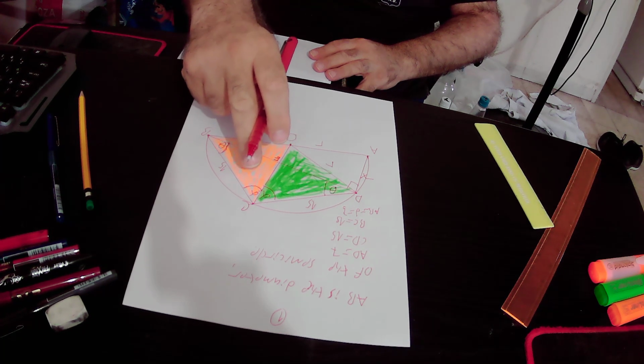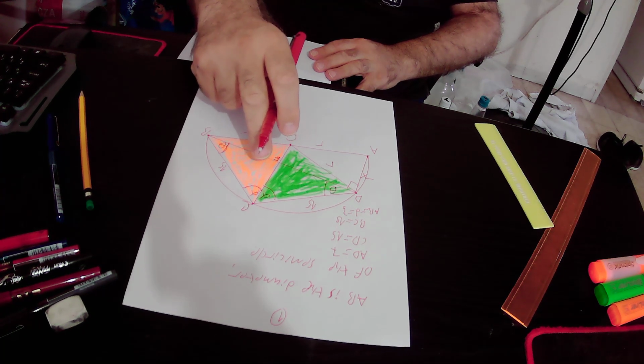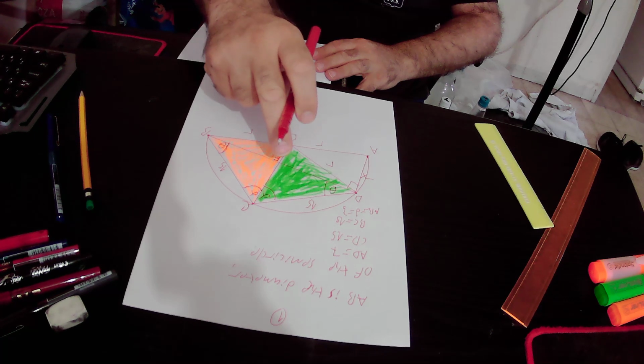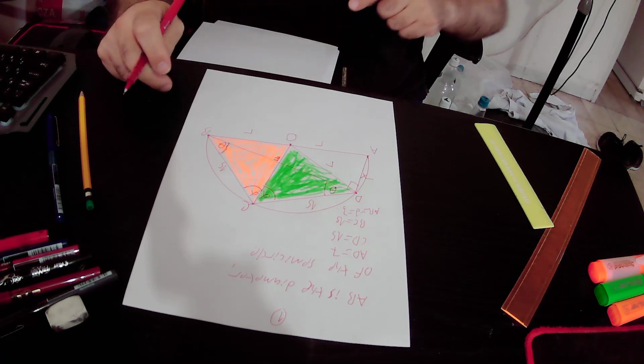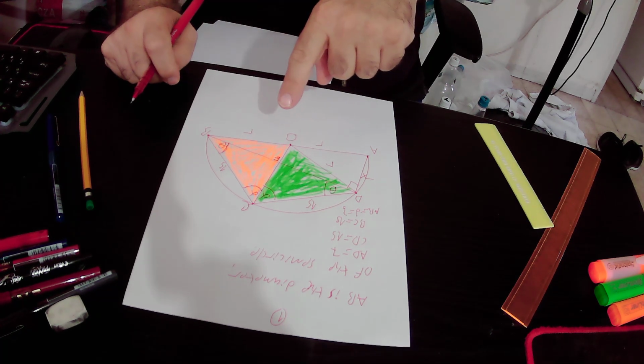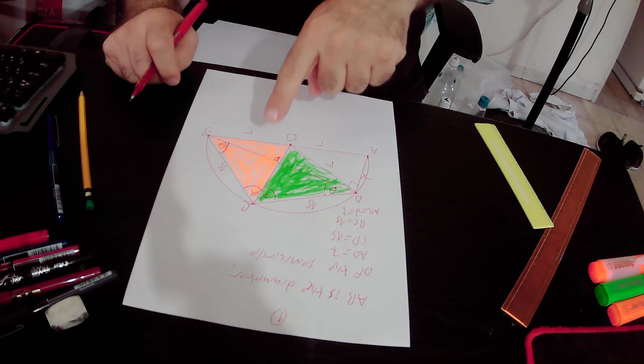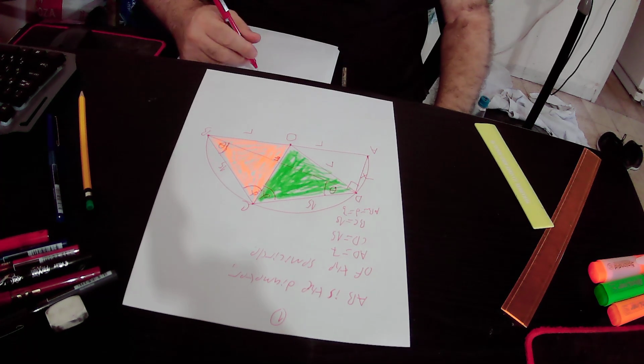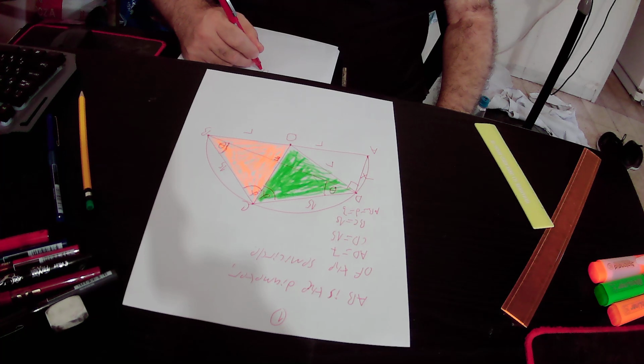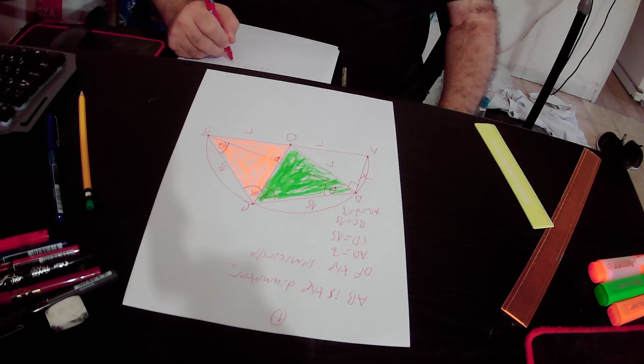CE is a common side because CE belongs to the green triangle, triangle CED, and CE also belongs to the orange triangle, triangle ECB. So CE equals CE. It is a common side. It belongs to both triangles.